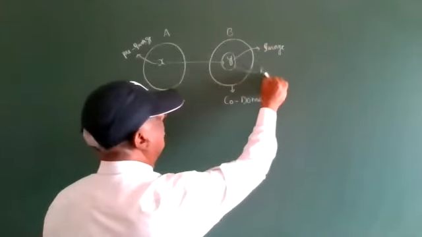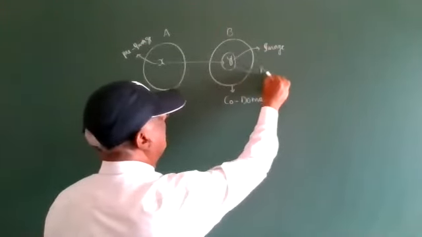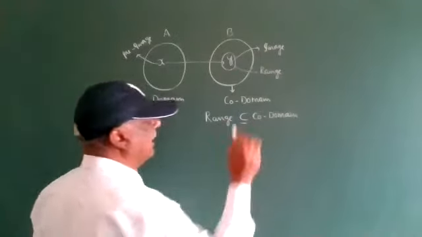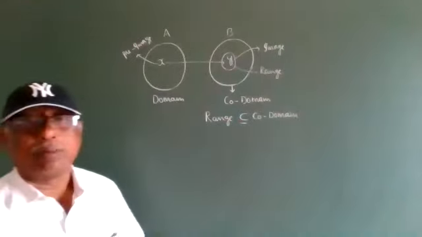This is the range, only the range. So the range is a subset of the codomain or equal to the codomain.